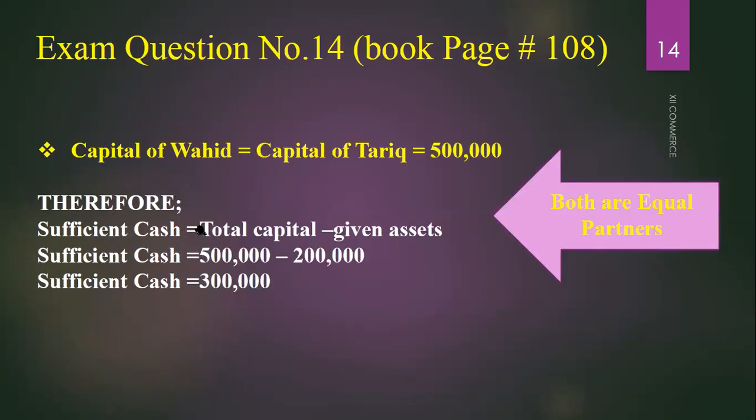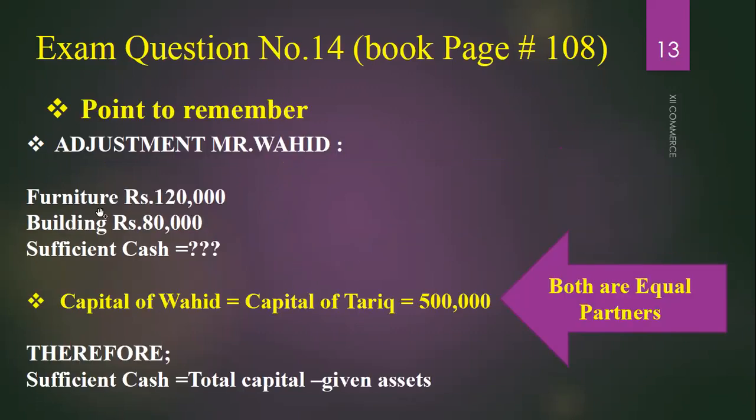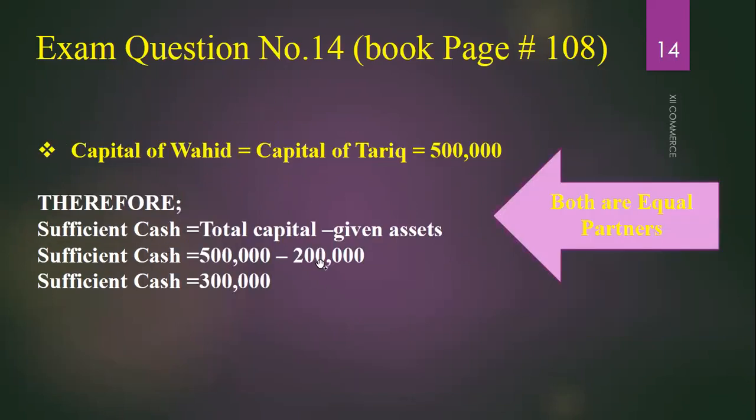The total capital is 500,000, which is Tariq's capital; it means the same capital of Wahid. We will minus this 200,000. How does this value come? By adding these two values, the already given assets 120,000 and 80,000, that is your 200,000, and we get the value of sufficient cash of Mr. Wahid.